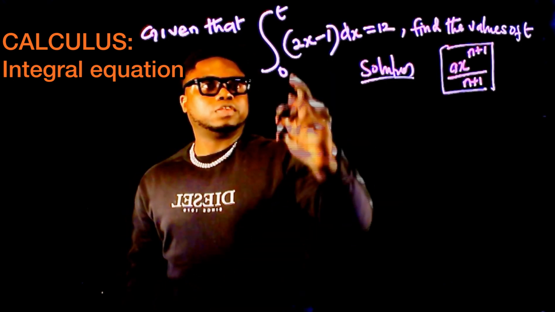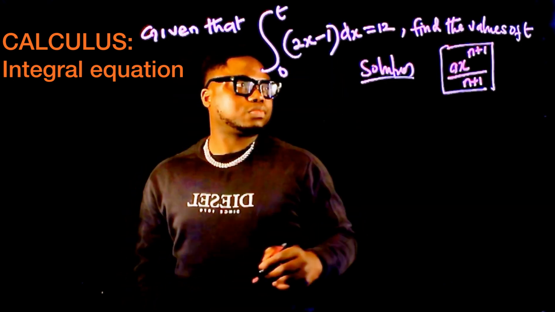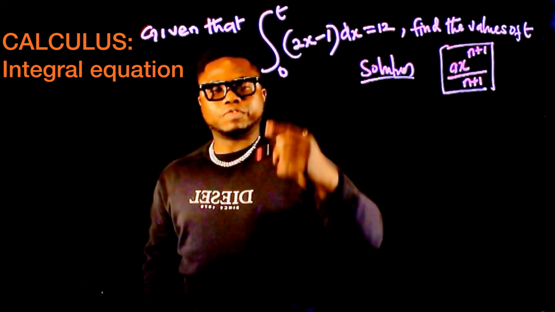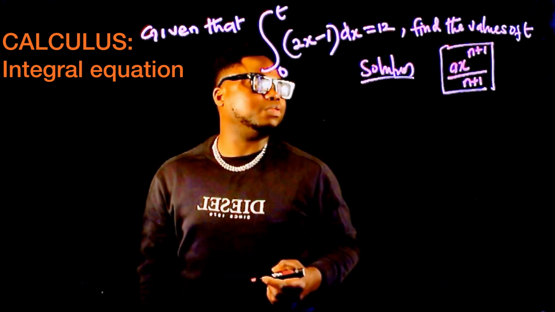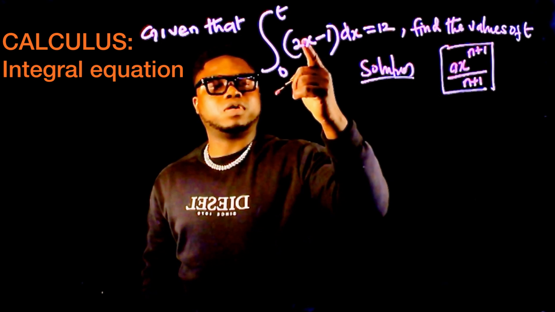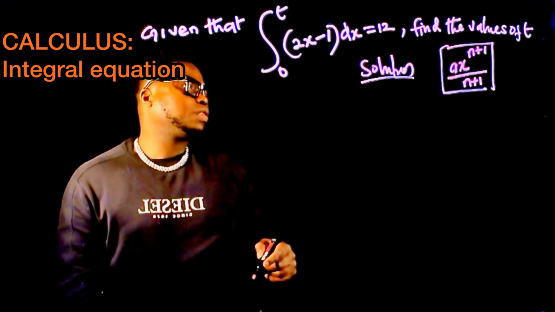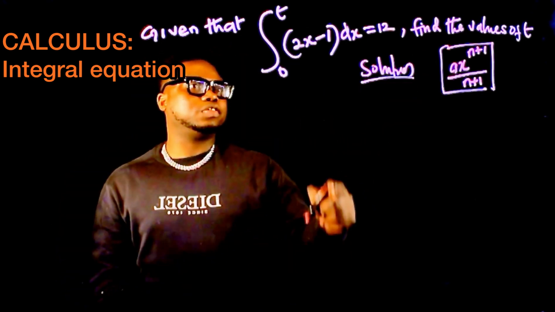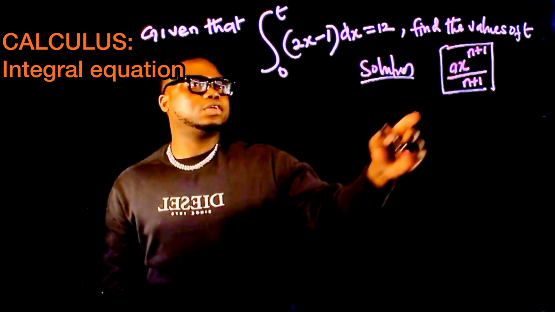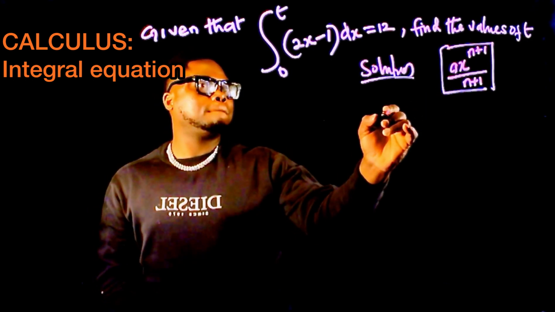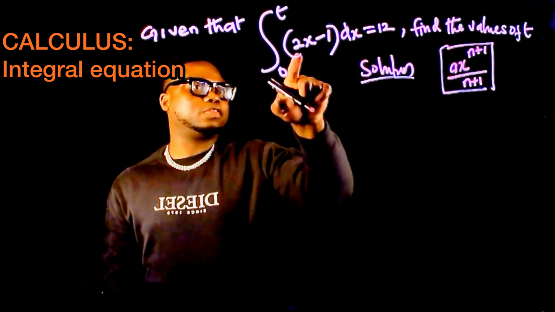Now this expression 2x minus 1. Here, the given variable is x, and its exponent, that is the power of x, here is 1. So that means n is 1. Integrating this using the formula, remember that a is the coefficient of x, which is 2 here.